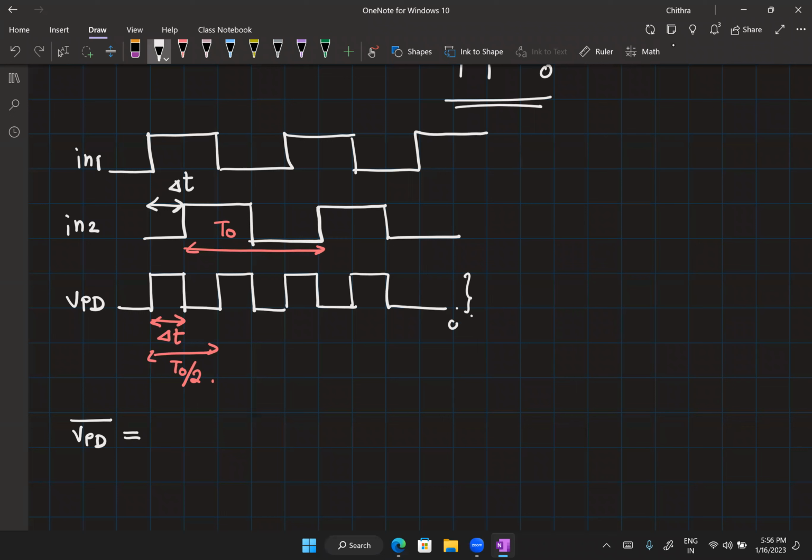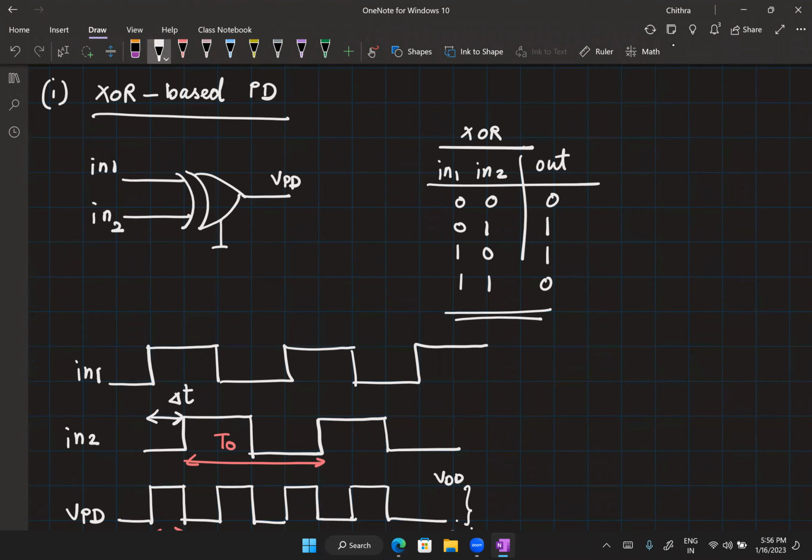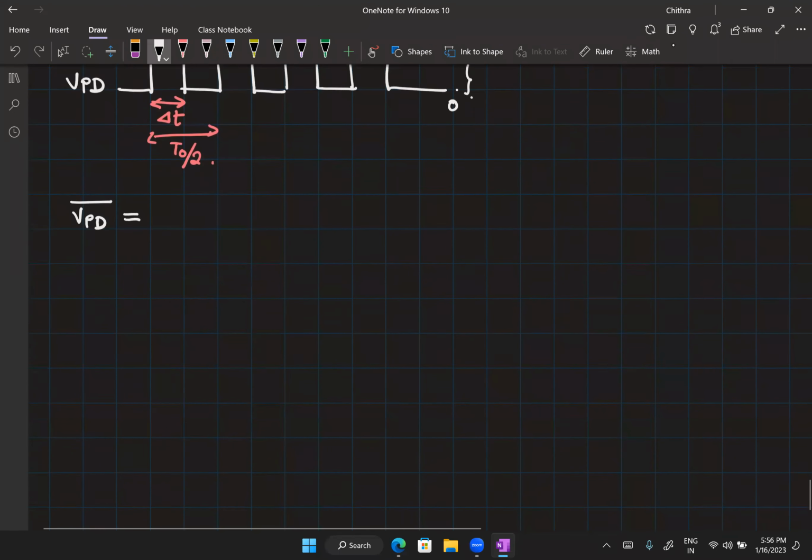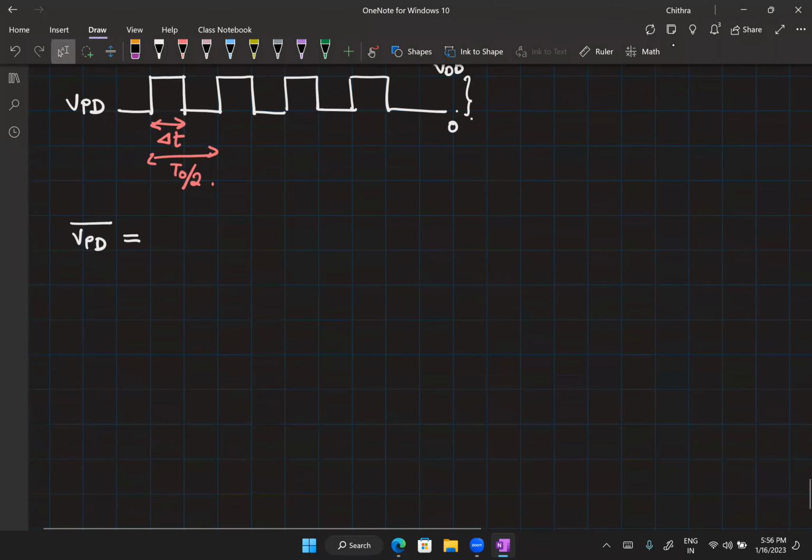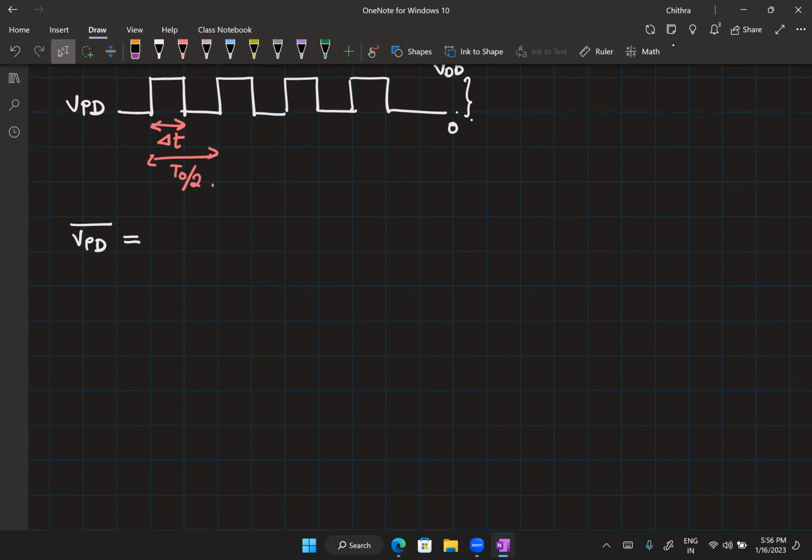Let's say this is switching between 0 to VDD. So I'm connecting the supply like this. VDD into divided by T naught by 2. Can you give an expression in terms of the phase error?